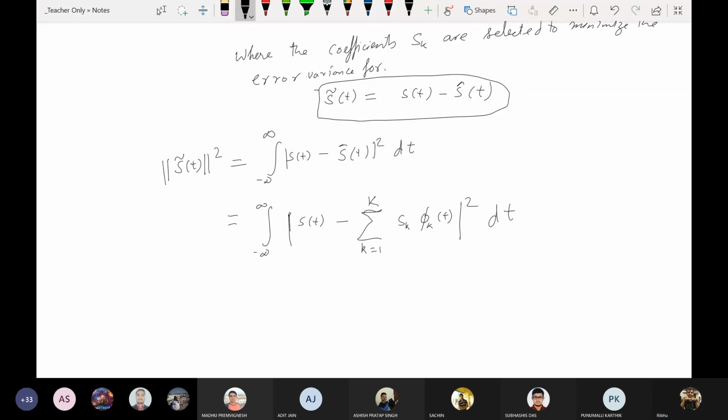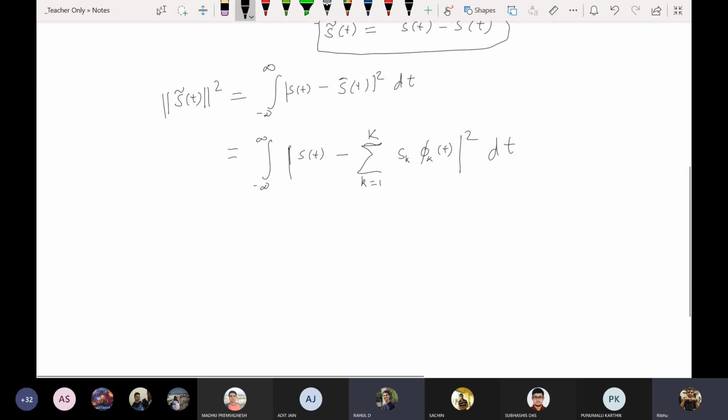Right? Now, how do I minimize this? Differentiate and set to zero. Remember the principle of orthogonality?